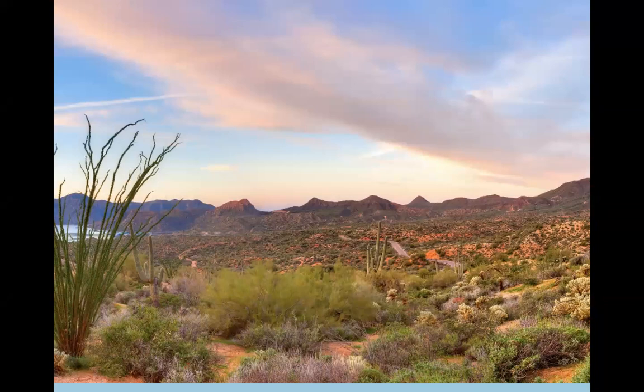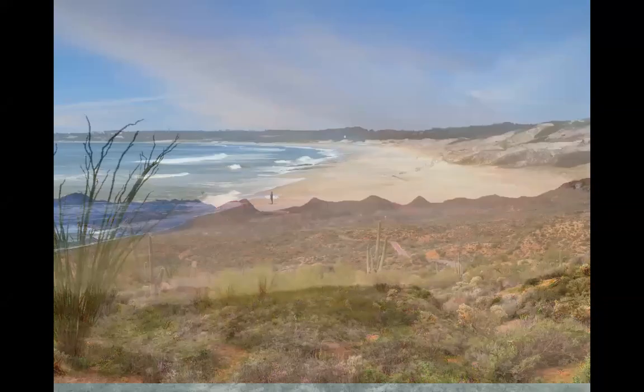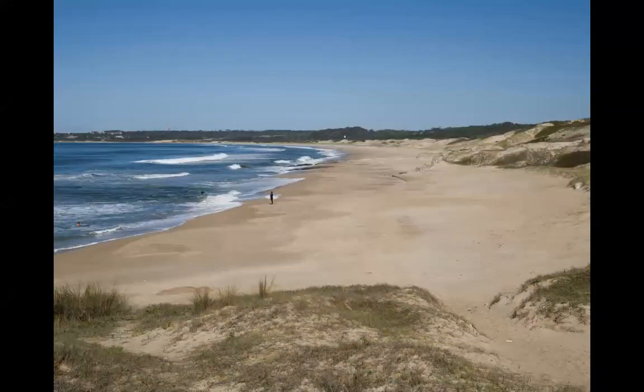So you have desert that rolls right up to the ocean. And then this is a picture from California, going a little bit north, where you have the coastal dunes where the grass is and the beach is kind of sloping down into the waves. You can see some surfers out there, and then around the point, I think there are some houses up there.